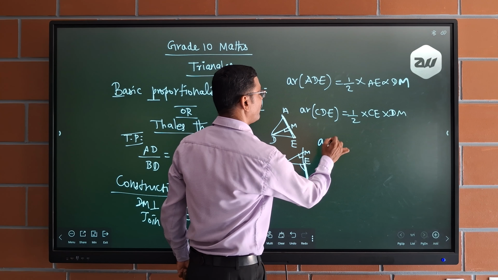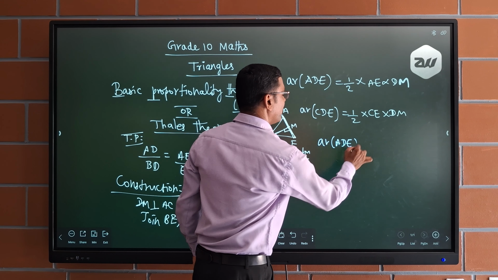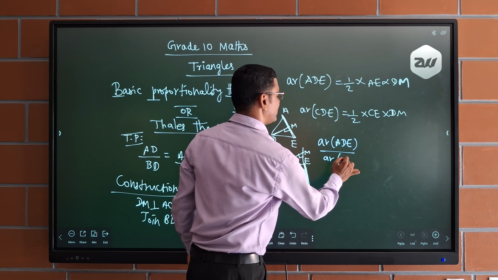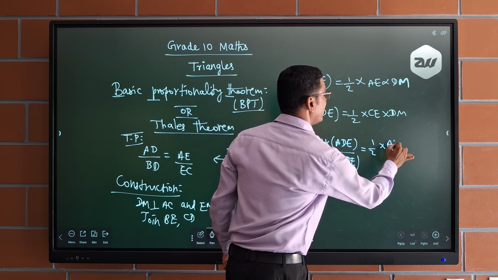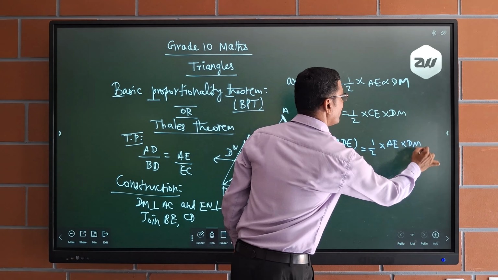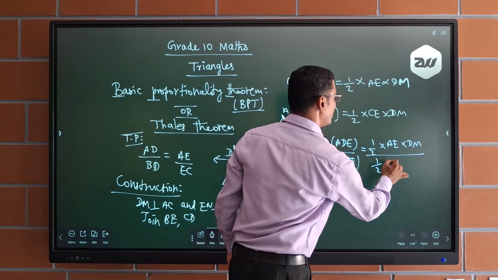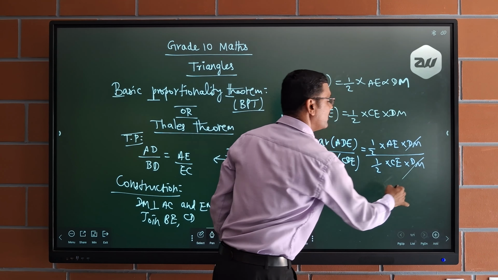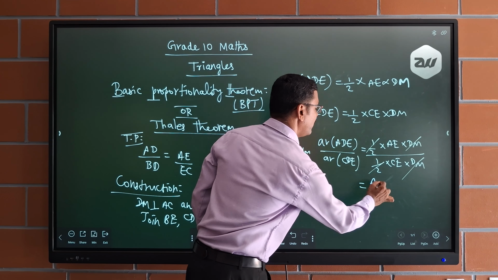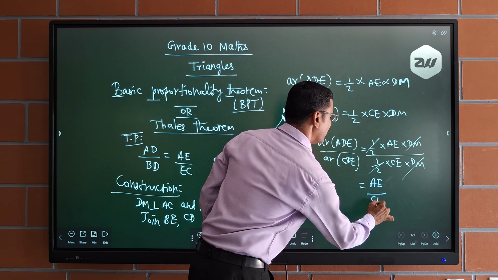Area of ADE by area of CDE is equal to half into AE into DM divided by half into CE into DM. So here DM cancels, half cancels. At last what do you get? AE by CE. I write clearly, AE by CE.